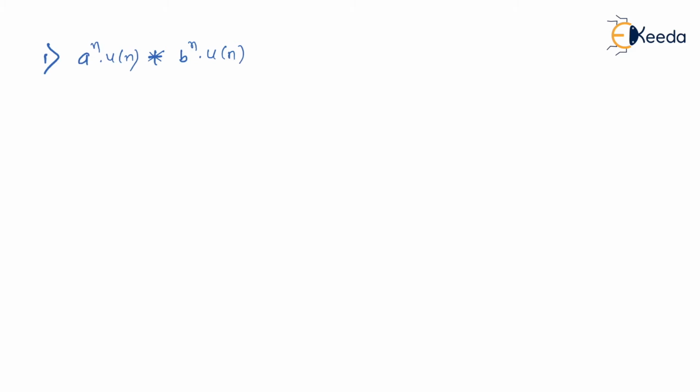So we know this. When they ask us to convolve x of n with h of n, we have a standard formula: summation, k moving from minus infinity to plus infinity, x of k, h of n minus k. So by using that standard formula, I can write it in the form of summation, k from minus infinity to plus infinity, a to the power k u of k and b to the power n minus k u of n minus k.